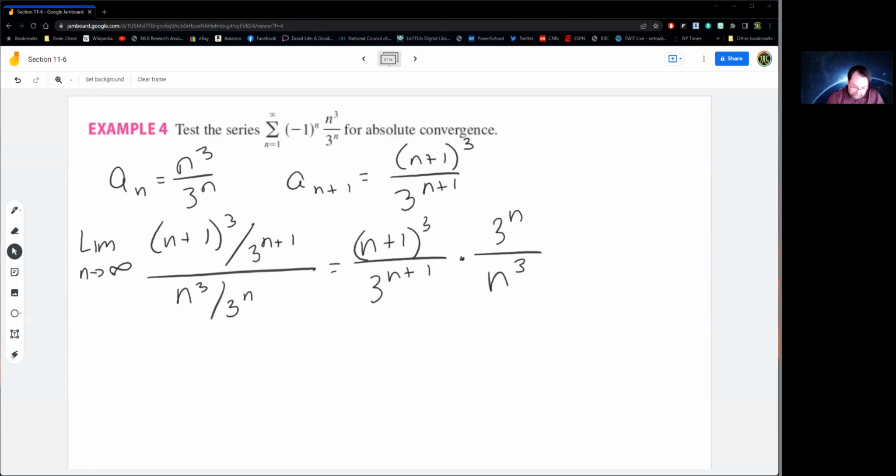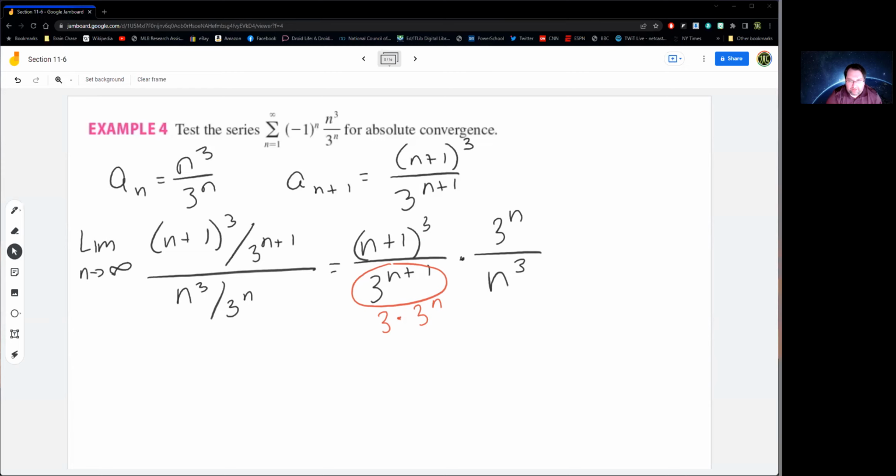So this right here is the same thing as saying 3 times 3 to the n power. Remember when we did that with the geometric series, where we had to get the n minus 1 in there? So we pulled an extra piece out. Same concept here. I can split that 1 off.